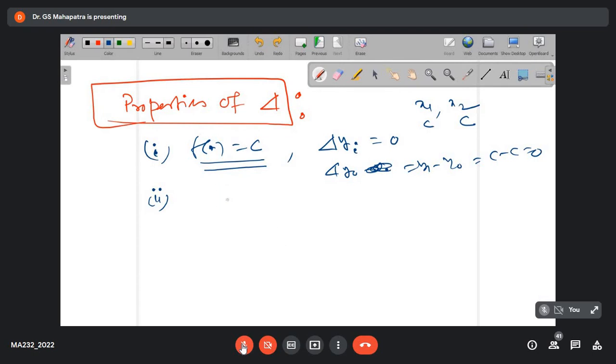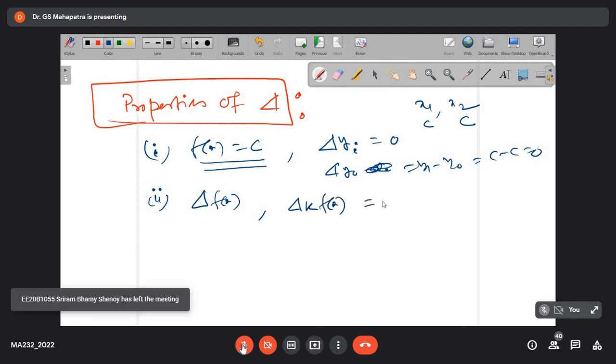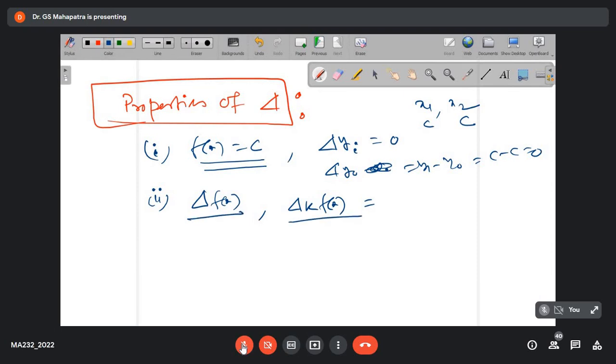Now you tell me, what will be the del of k into f of x? So what is the difference between this one and this one? Forget about this one.